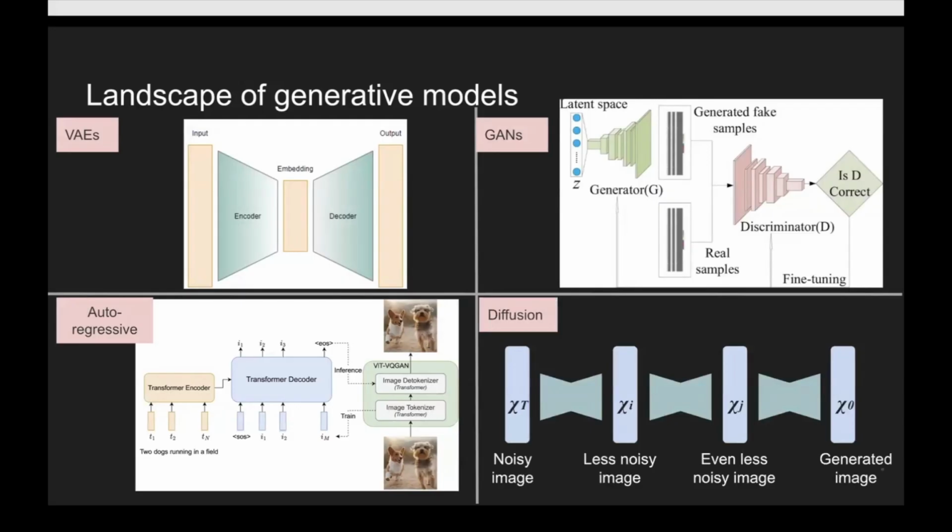These are some of the many tools and techniques that slowly evolved, and along with compute, these three came together very nicely in this particular moment in time, and that's how we are where we are right now.